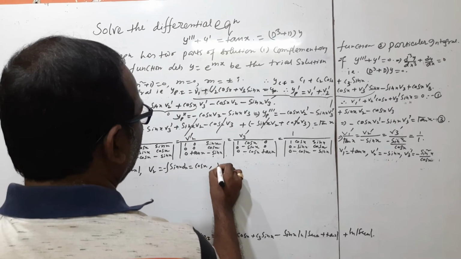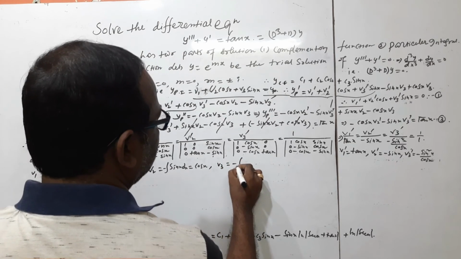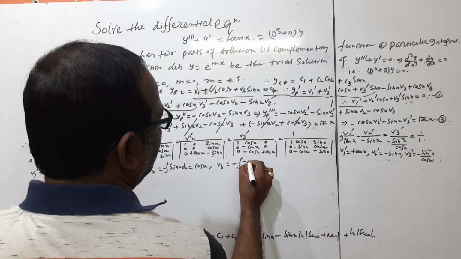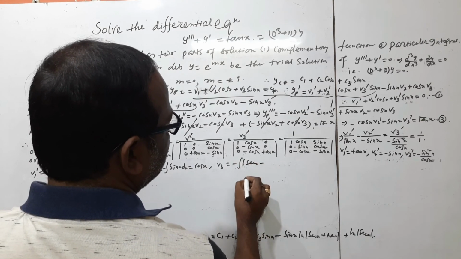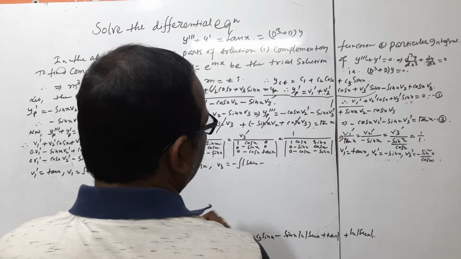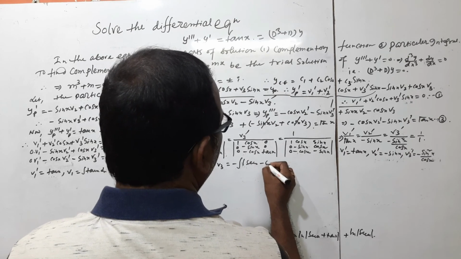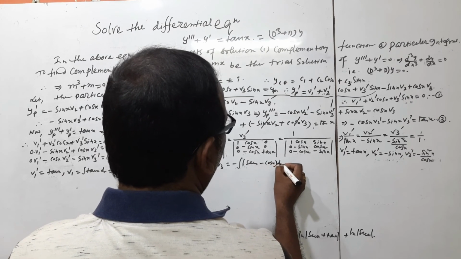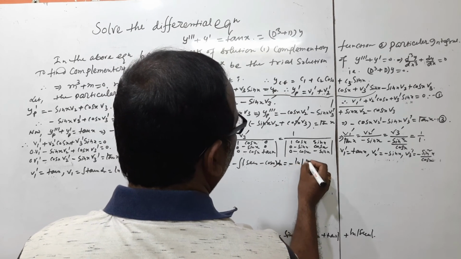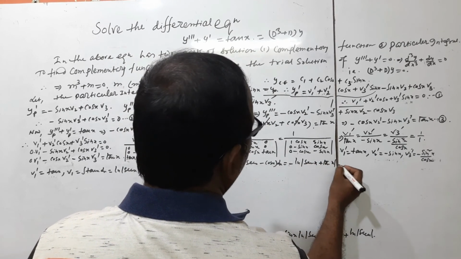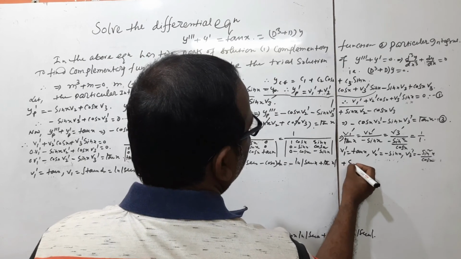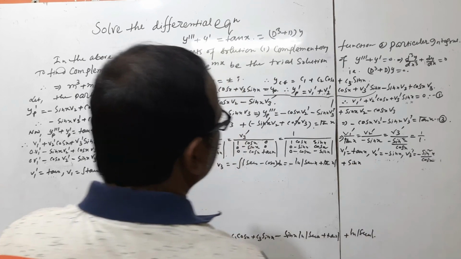Okay, and v3 is minus integral of sin square x by cos x, which is actually sec x minus cos x dx, minus ln mod sec x plus tan x, and minus minus plus, and this is sin x.